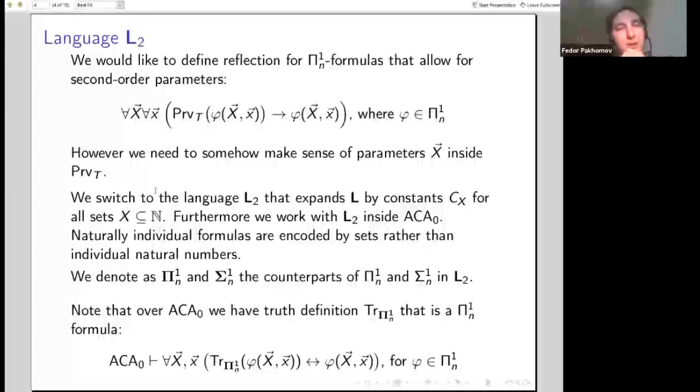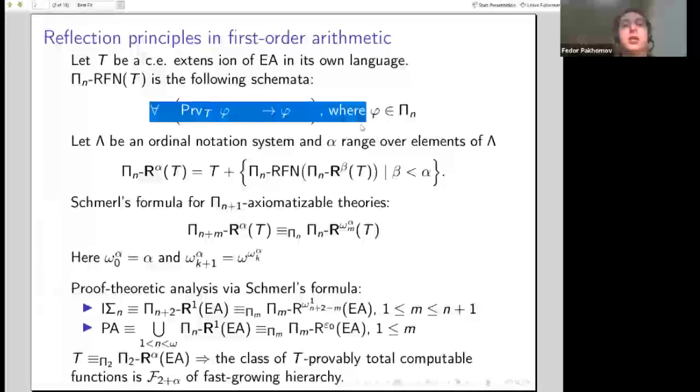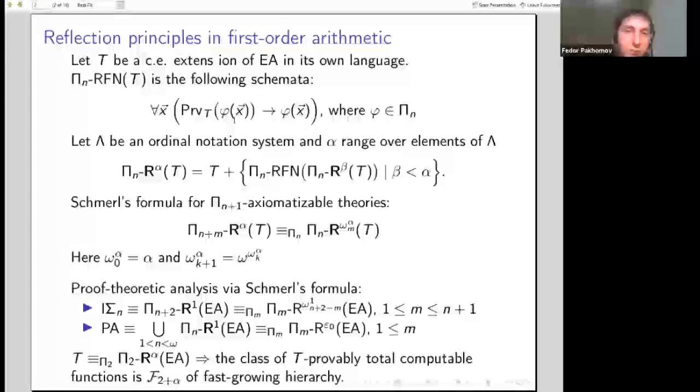Now, in the setting of first order arithmetic, we had these iterations of reflection principles that took into account first order parameters. If we go back and look at the scheme of Πn reflection, it ranged over all Πn formulas, and it was essential that it ranged over formulas, not over sentences.